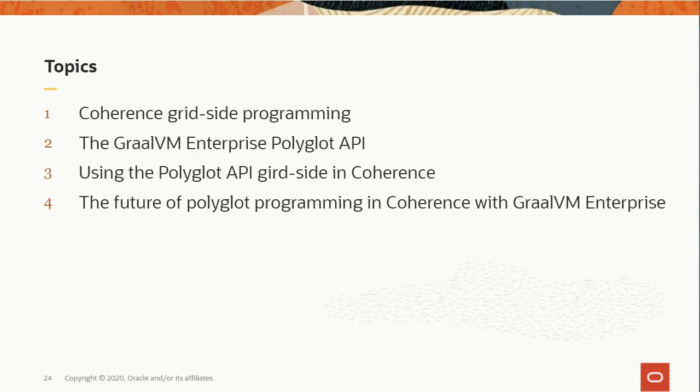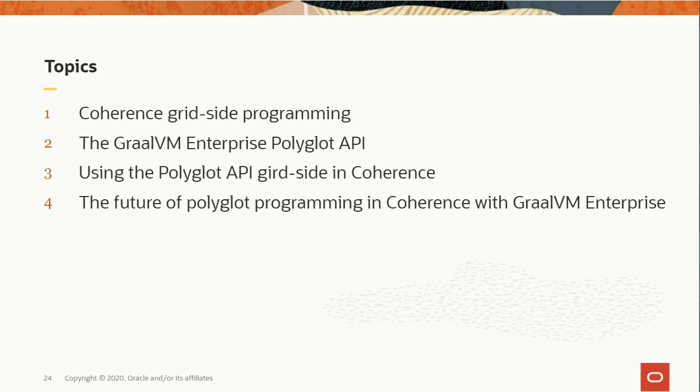And finally, my last topic here is what we're doing in the future with polyglot programming and Coherence enabled by GraalVM Enterprise. We want to open access to Coherence to basically every language we can. It started out in Java, added .NET somewhere along the line, added C++ after .NET, then added a REST API.